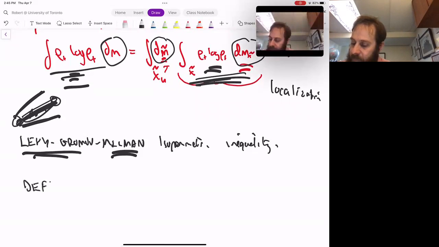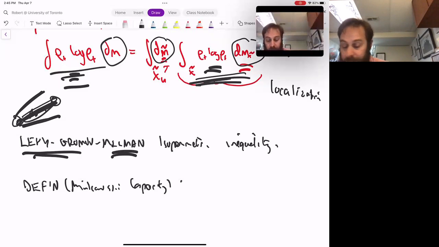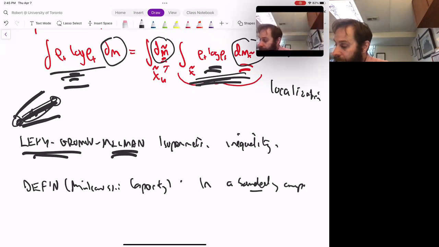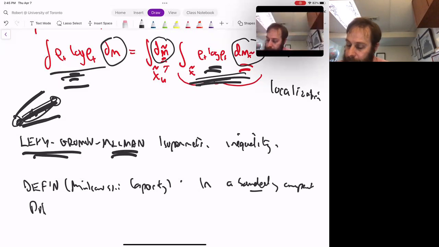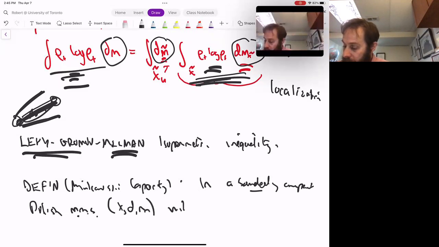I first need to remind you, I'm working with Minkowski content, which is a way of measuring the size of boundary. So in a boundedly compact Polish metric measure space (X, d, m), and I'm always going to normalize.